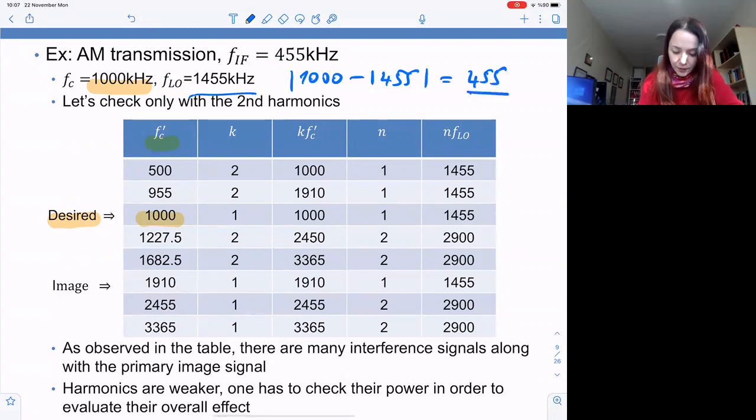That is admitted. However, now look at the following: 500, for example.